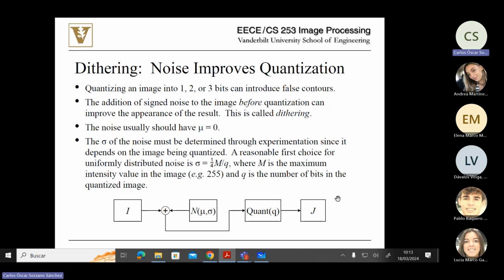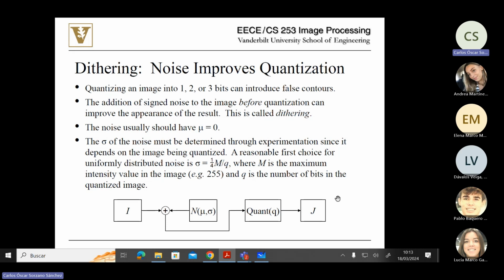But before quantizing, you add noise with 0 mean and a standard deviation of N divided by Q. N is the maximum value of the image, and Q is the step that you are taking.